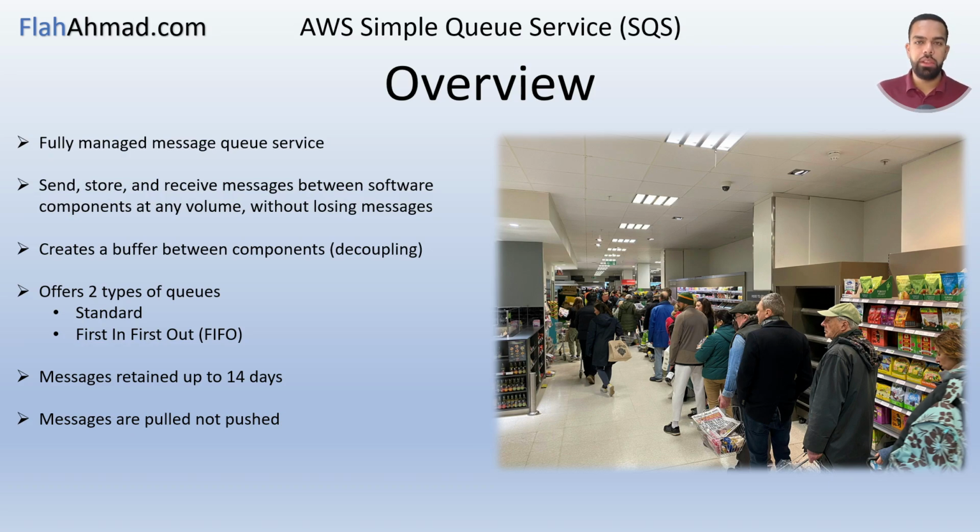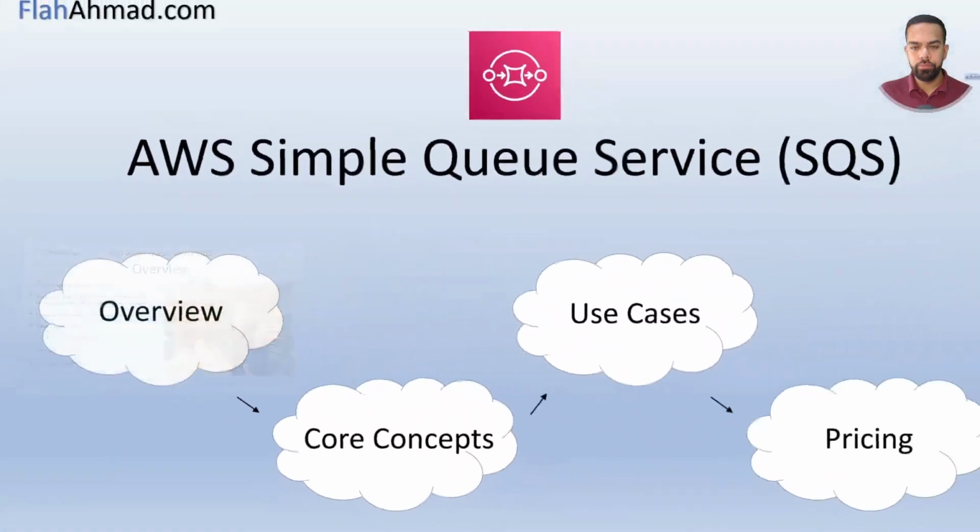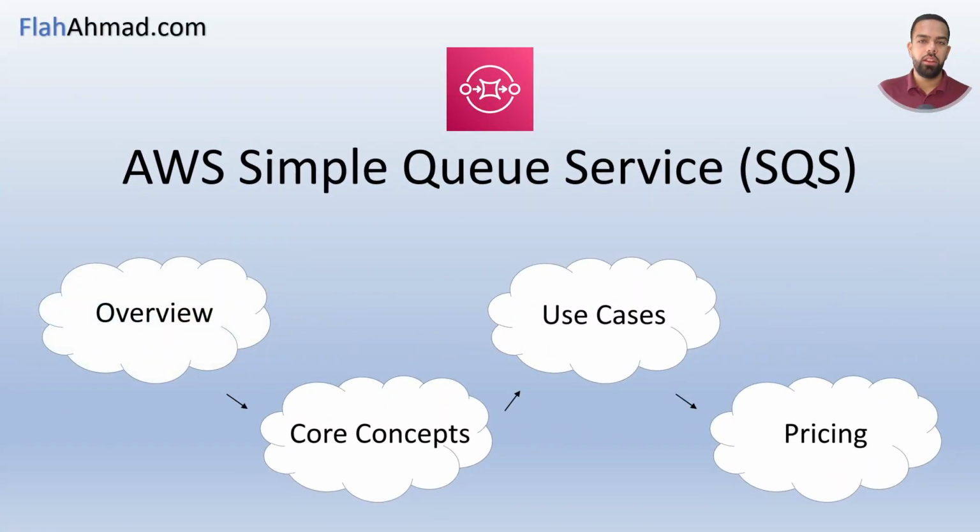You should always be aware what the pros and cons are from an architecture perspective when choosing services and underlying concepts. Now you should have a good understanding of what the SQS service is. Next, let's go a little bit deeper and look at the core concepts and features.